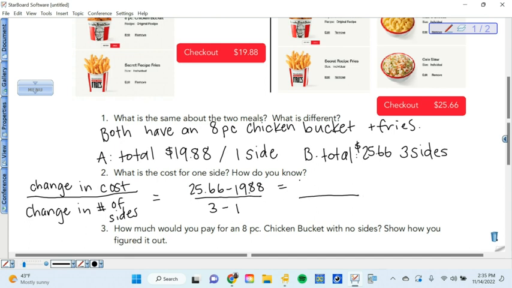And what was this again? 25.66 minus 19.88? 5.78. And then we divide that by 3 minus 1, which is 2, which gives us 2.89 per side.